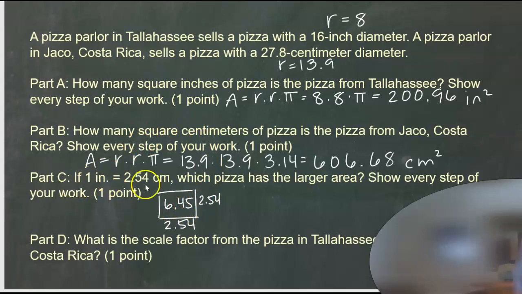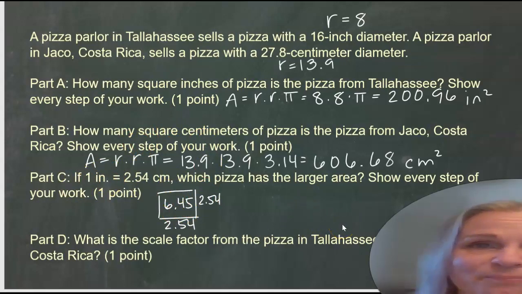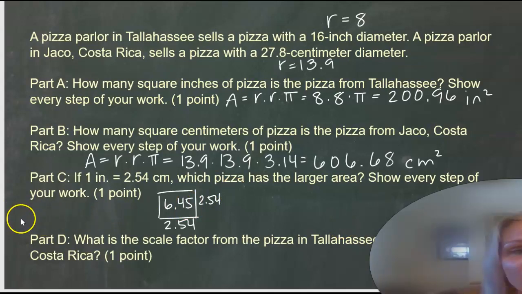So this conversion factor is very misleading. It's not the one that I need. The conversion factor I need here is that 1 square inch is equal to 6.45 square centimeters.